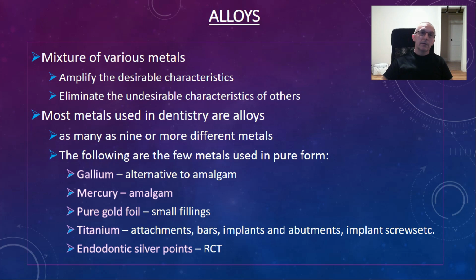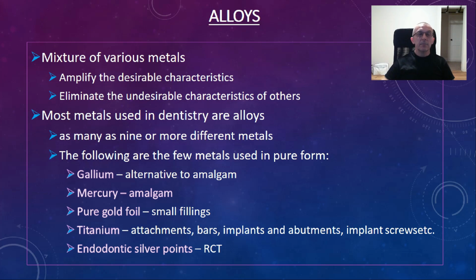In dental alloys, there are as many as 9 or more different types of alloys depending on the properties the manufacturer is looking for. The following are the few metals used in pure form. Gallium was tried as an alternative to amalgam so that they wouldn't have to use mercury.